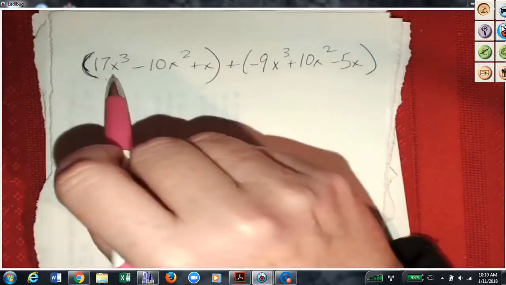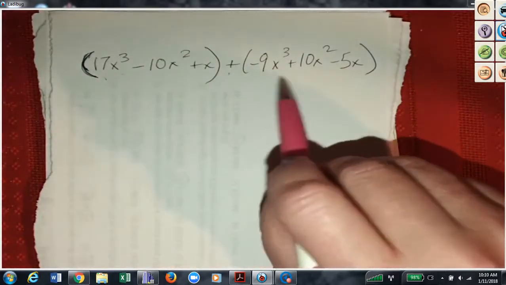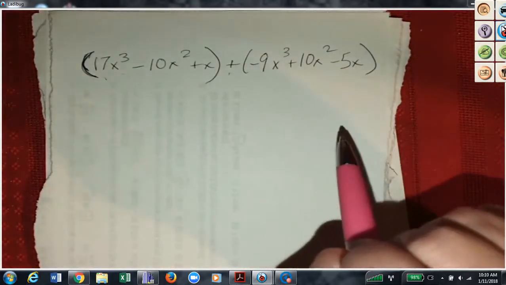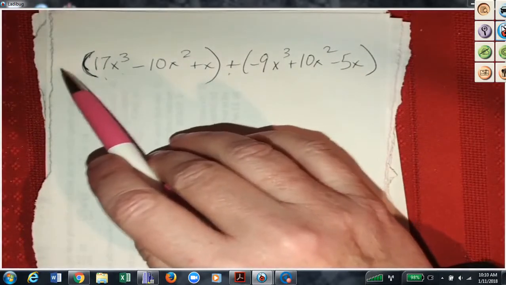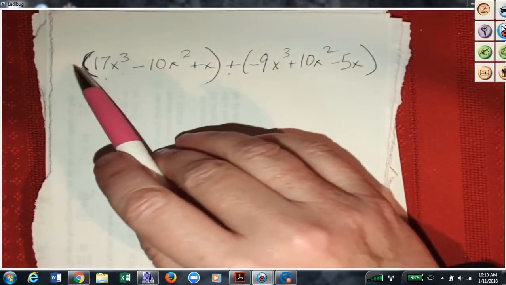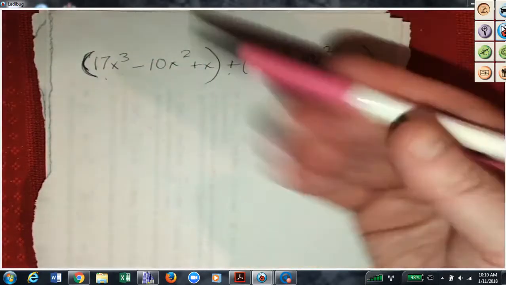There's my first one, and I'm adding it to this second polynomial inside these parentheses. So if the first one has nothing outside, in front of the parentheses there, you can drop them.